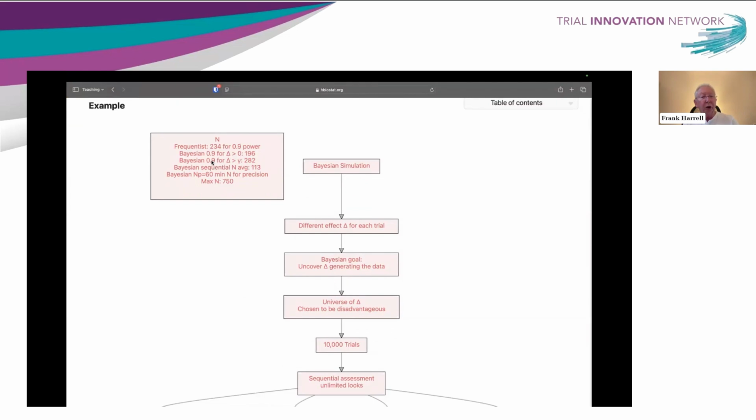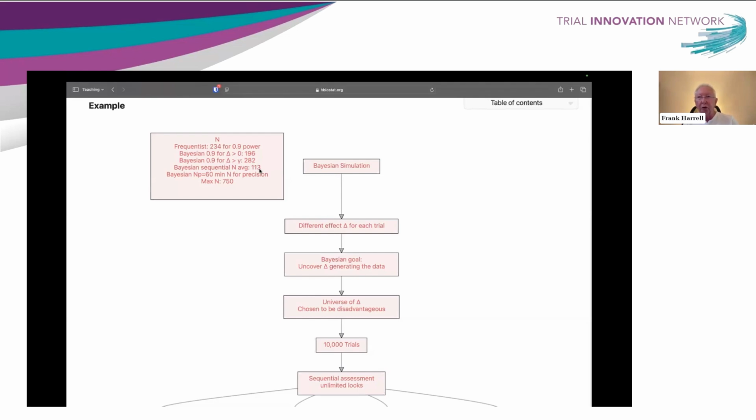A Bayesian power of 0.9 for having a high probability of detecting non-trivial efficacy requires more patients. And so to reach a 0.9 probability of a posterior probability being high for this has to require more than that. The average sample size for a continuous monitoring Bayesian design in this design was 113.